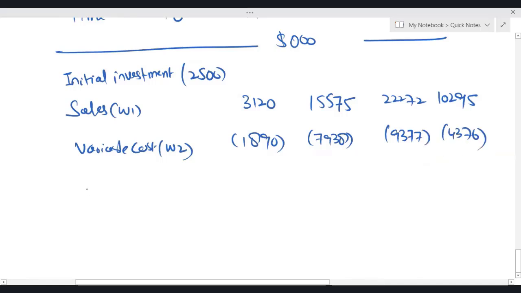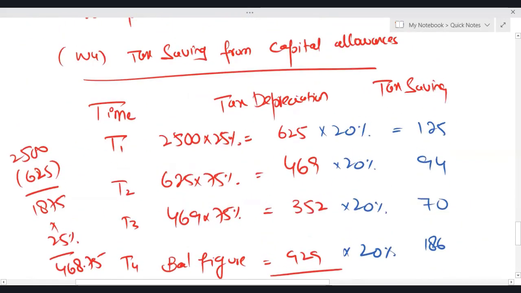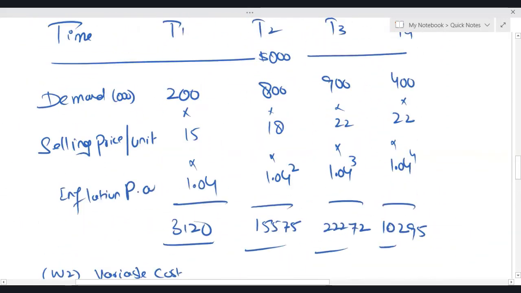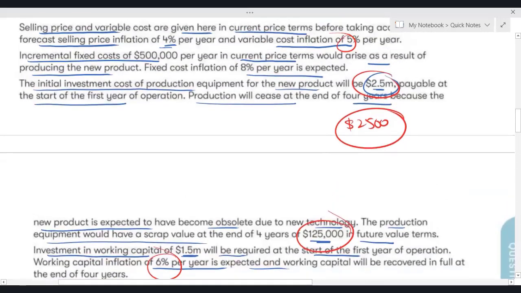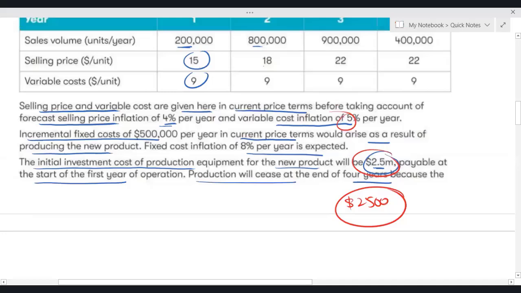Fixed cost. Let's see the inflation rate of the fixed cost. I think it was 8% if I'm not wrong. Fixed cost is 500 current price.